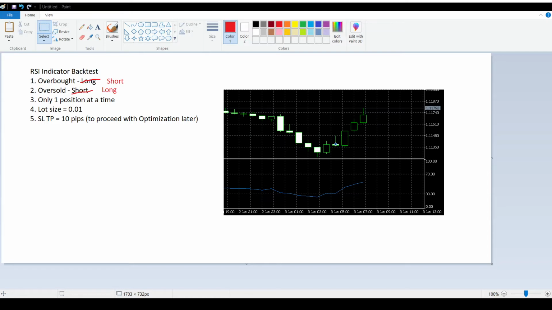strategy. Okay, how we do it is I'm going to do it in a platform called Metatrader 5. It is one of the very common trading platforms for forex. So I have written an EA, known as the expert advisor, to perform this backtest.